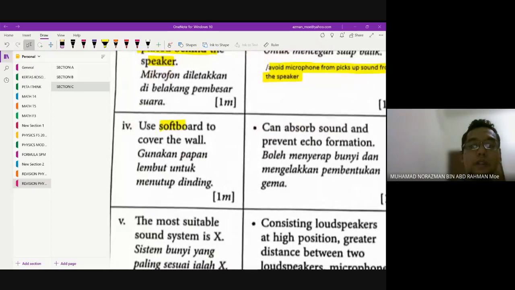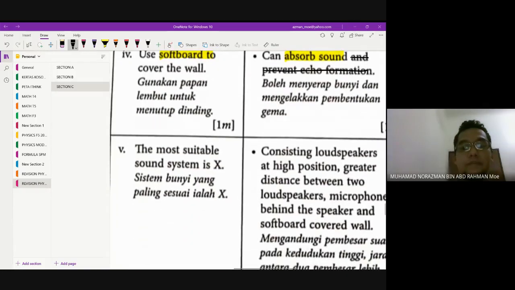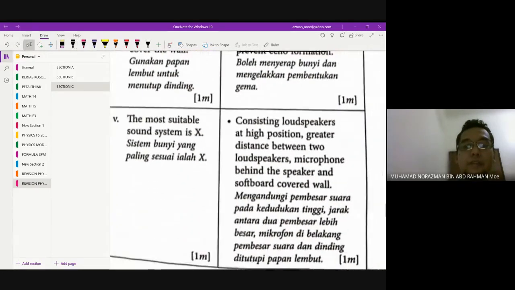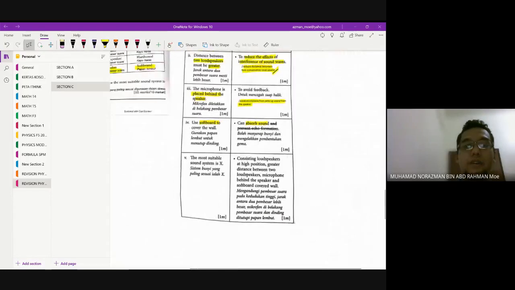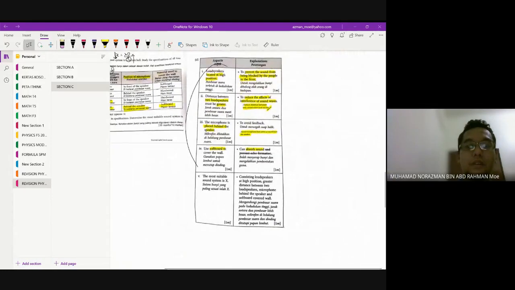Material of the wall, we use softboard to absorb sound. Saying no need to absorb sound is also acceptable. So the most suitable system is X, because of all the aspects.